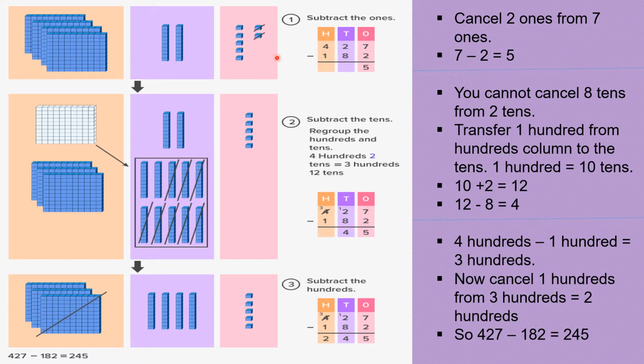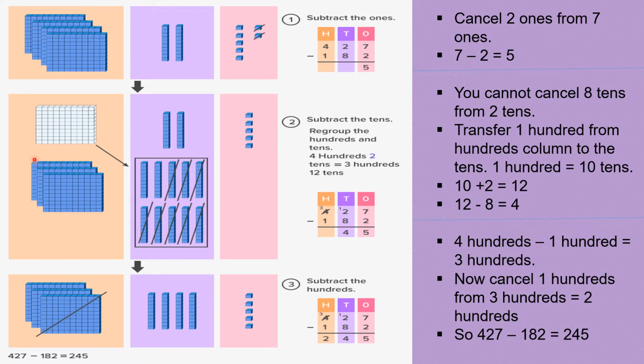Now when I transferred the 100 to the tens column, how many hundreds were remaining? There were only 3 hundreds remaining. You can see 4 is cut. Now from these 300, I am going to cancel the 100 from 182.